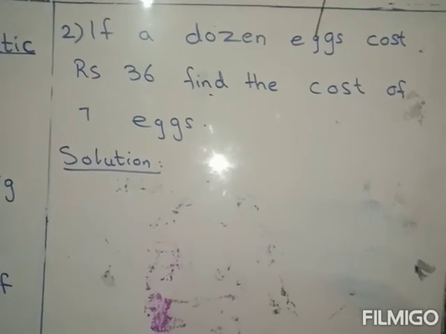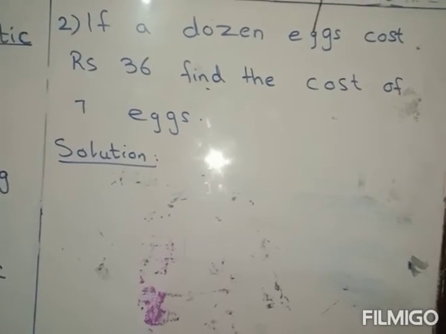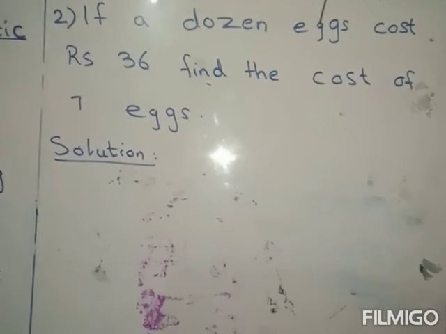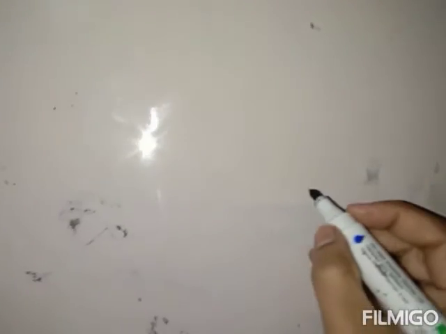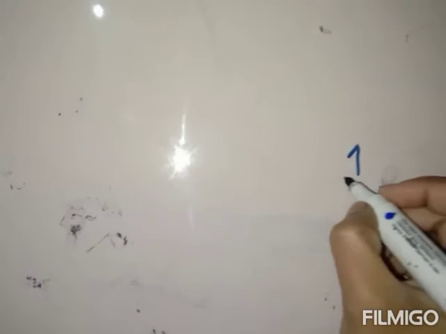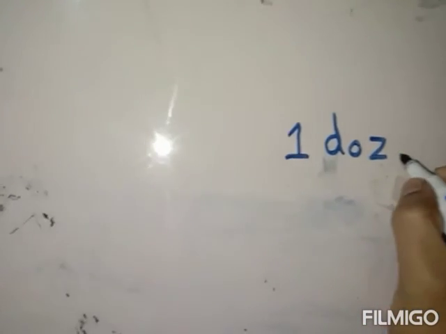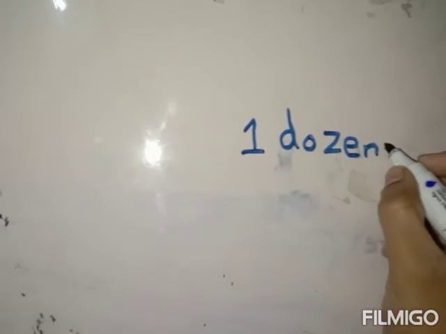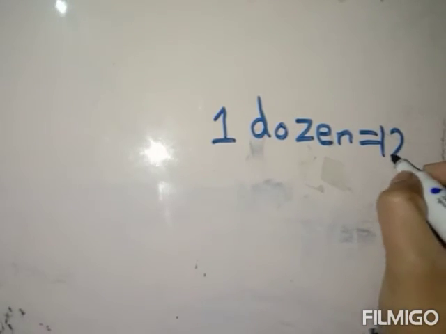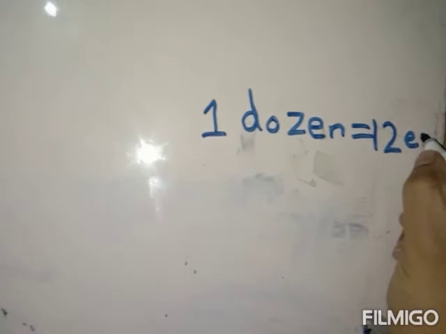We will apply the same procedure. Before that, dozen means 12, right? 1 dozen is equal to 12 eggs, right?